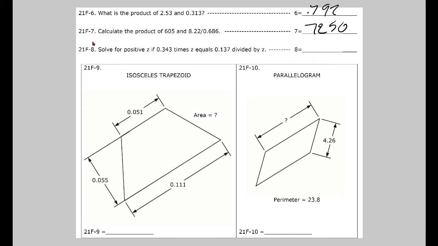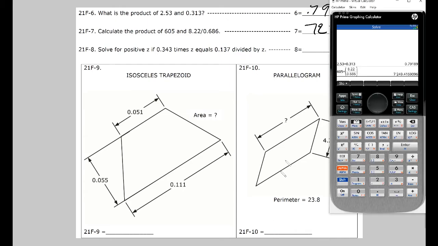Then for 8, we have to solve for positive z if 0.343 times z equals 0.137 divided by z. So all we got to do is jump to our apps, go to solver, and solve for this. So 0.343 times z is equal to 0.137 divided by z, and that checks out.